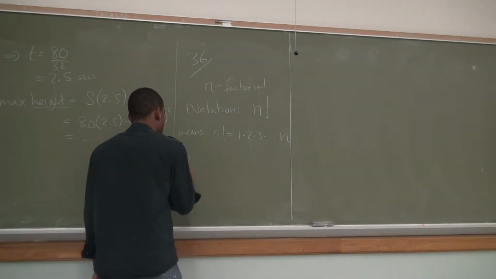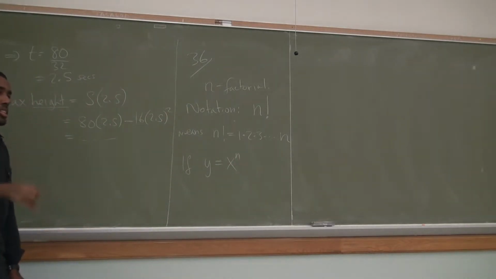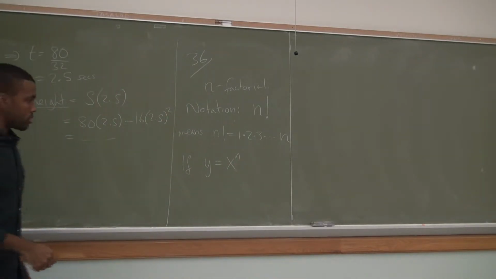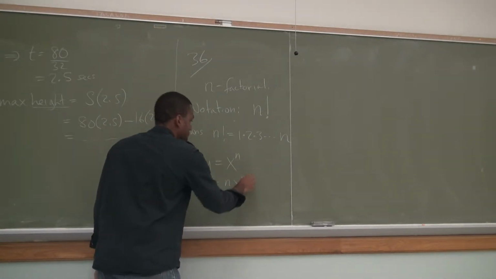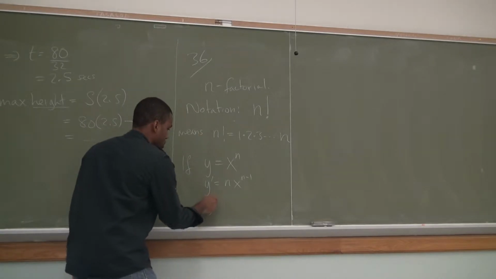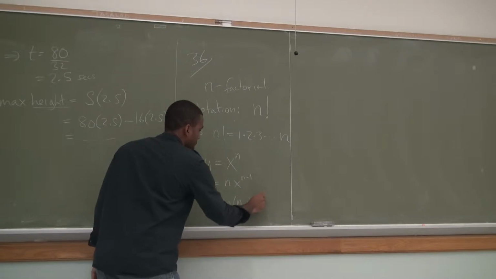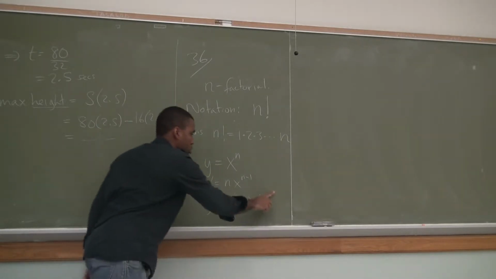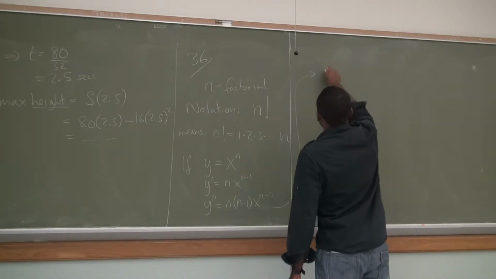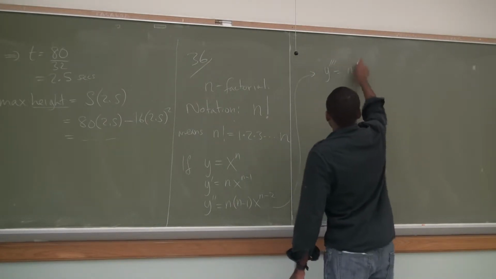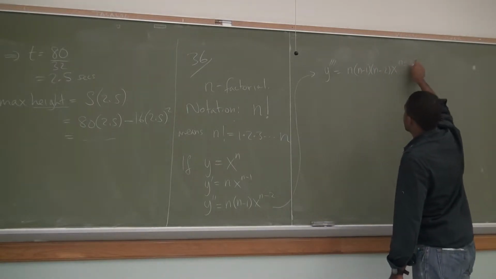So if y is equal to x to the n, you're going to start to take derivatives and see what's happening. The first derivative is n x to the n minus 1, then the second derivative is n times n minus 1 times x to the n minus 2. You're going to keep doing this. The third derivative would be n times n minus 1 times n minus 2 times x to the n minus 3.